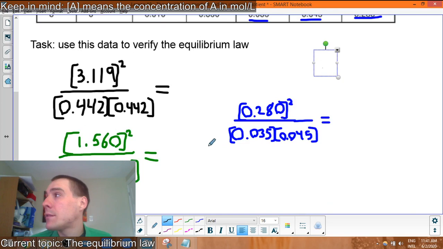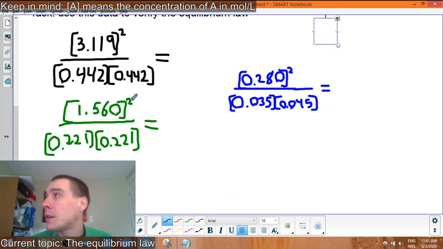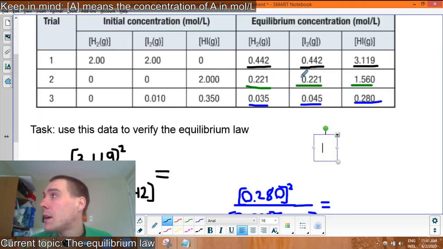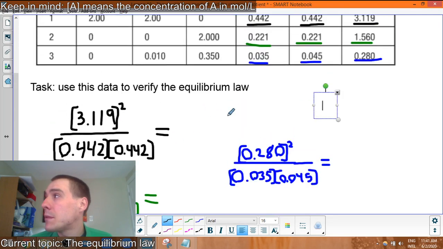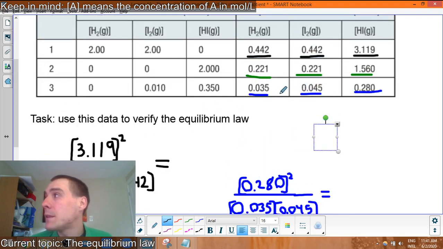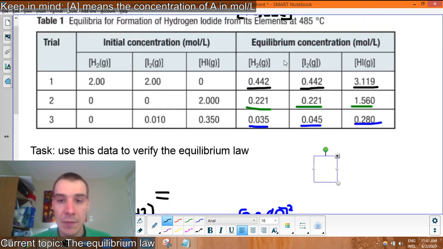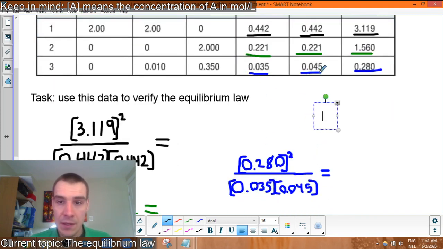The second one here in green, you see 1.560 squared, because the HI has a 2 on it, divided by 0.221 and 0.221. Now this one's got different numbers, but it works the same way. 0.280 squared, because the HI is squared, and 0.035 and 0.045, like that.